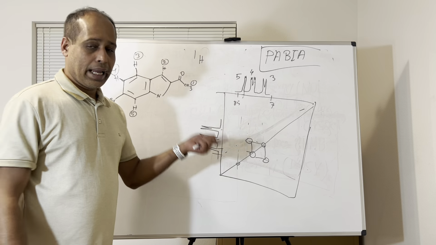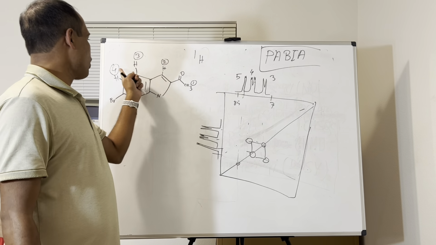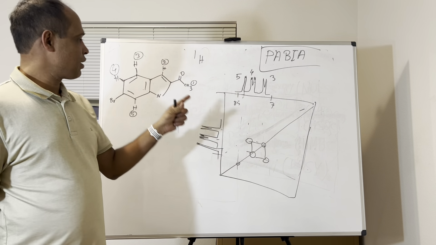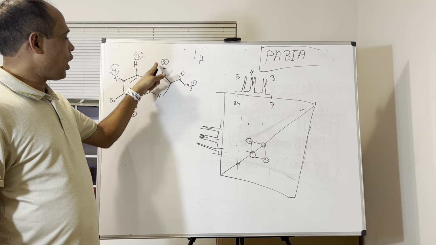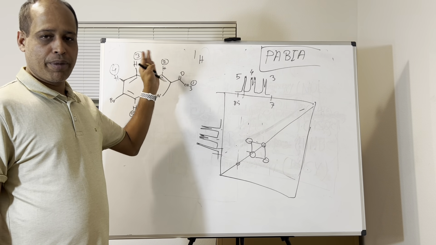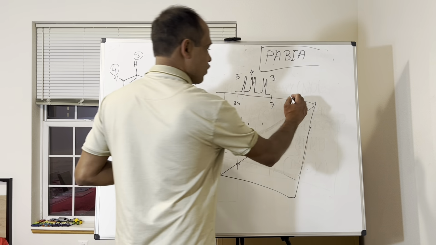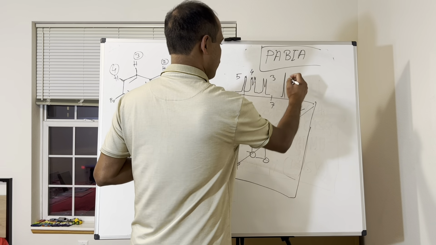Now, again, how can you say this is the 3 and not 4, right? Then you have to do the NOESY, targeting this, you know, this is the only one proton on the vinyl side, okay, one vinyl. So that will be around 5, and it doesn't have any neighbors, so a singlet around 5.